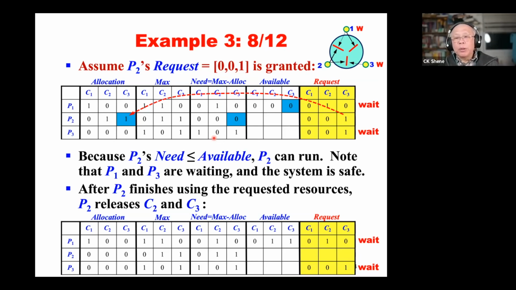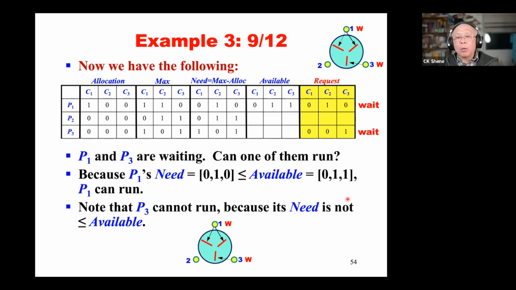So after P2 returns, you could pick P1, right? Because we have 0, 1, 1. Because P1 and P3 are waiting, we pick P1. Because P1's need is less than or equal to available, P1 can run. Note that P3 cannot run because its need is 1, 0, 1, which is not less than or equal to available.